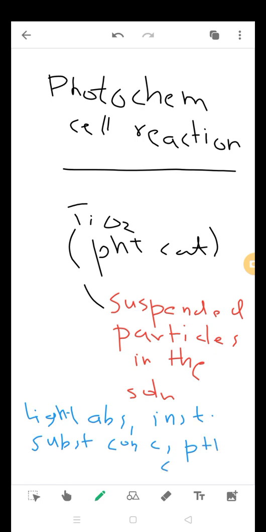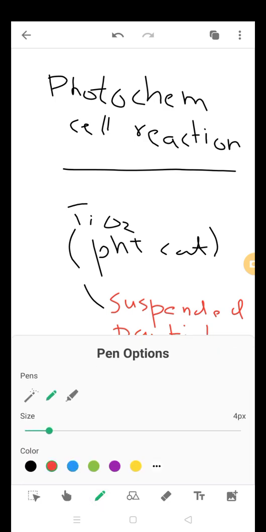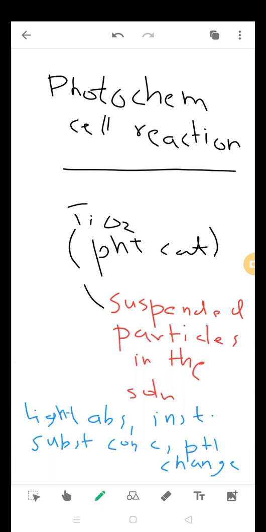Rather, pH change which occurs as the reaction proceeds. Now, why are these parameters important? Because these parameters will govern the kinetics of the reaction.